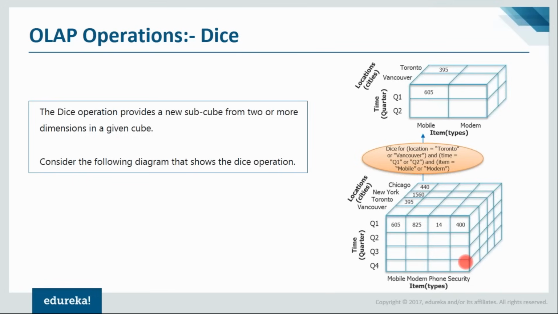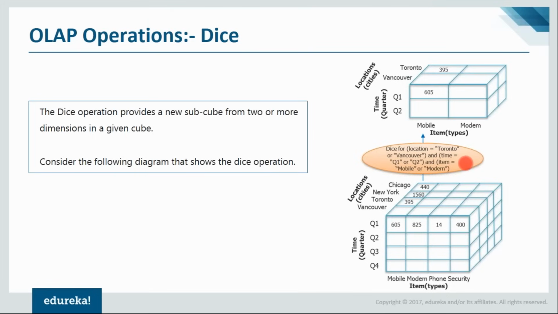Correct? And what we're doing here is we're using a dice for location. We have four different cities, and we are dicing only for Toronto and Vancouver, right? Because we are dicing only for Toronto and Vancouver, in our final cube we have only Toronto and Vancouver here. Then we are also doing a dice operation on the time with respect to quarter one or quarter two, so we are only dwelling into the details of Q1 and Q2 here.